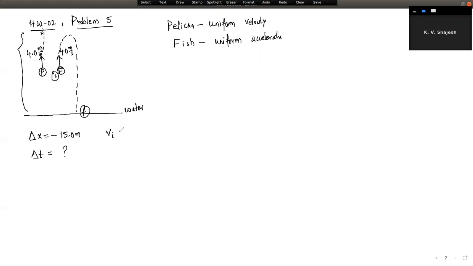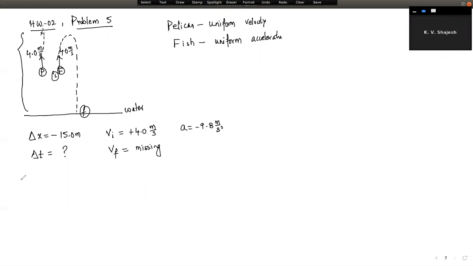V initial is plus 4.0 meters per second, because the pelican is steadily rising up, we are given. V final, when it reaches the water, we don't know. So that's the missing variable. And acceleration due to gravity is minus 9.8 meters per second square.